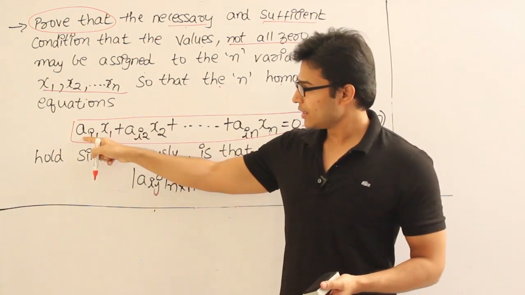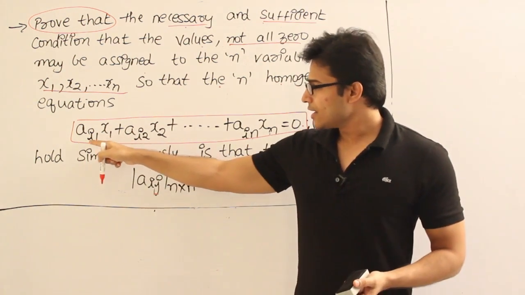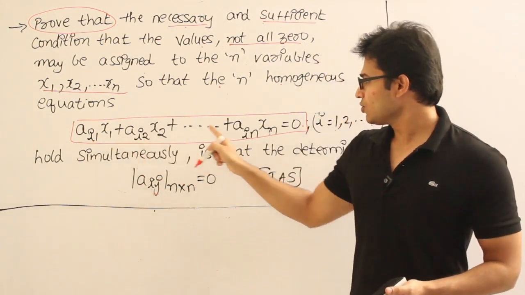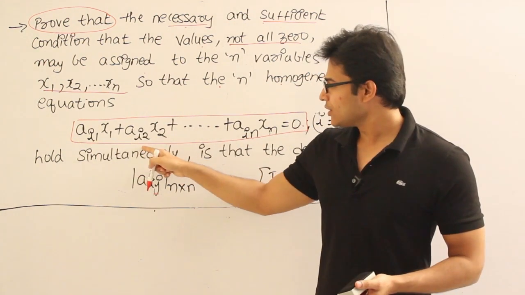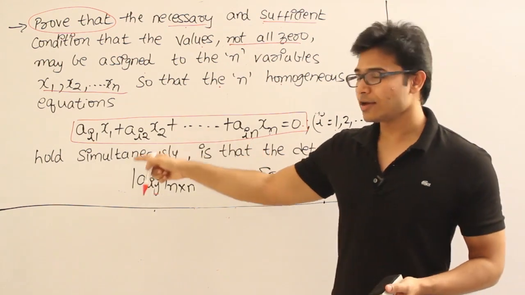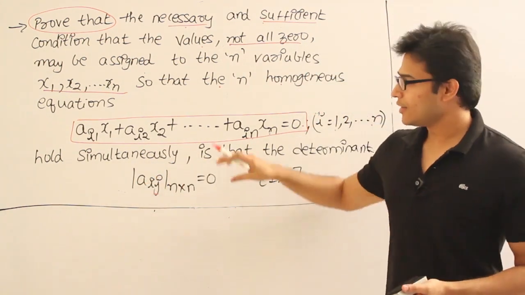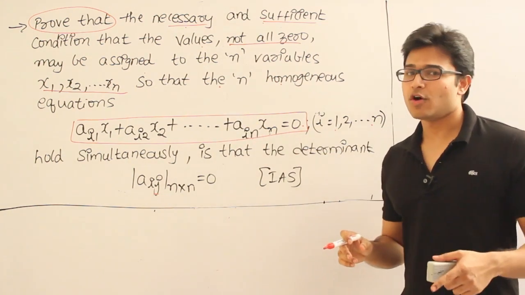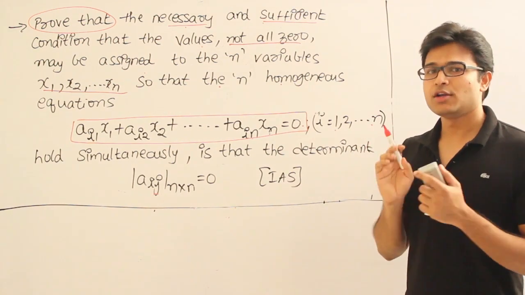What are the equations? i will be varying from 1 to n, which means a11, a12, so on a1n, and the next one is a21, a22, so on a2n, and the last one will be an1, an2, so on ann. Therefore, the coefficient matrix will be an n by n matrix. So I'll just boil down the question.